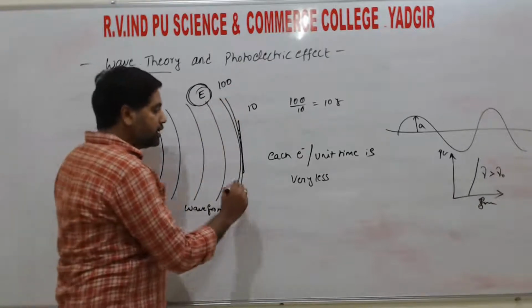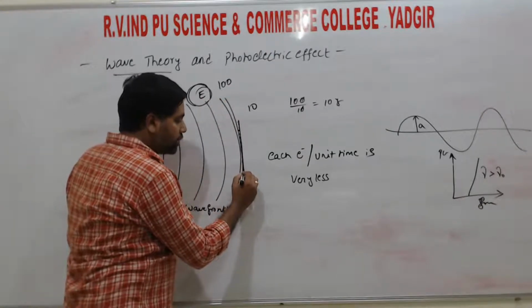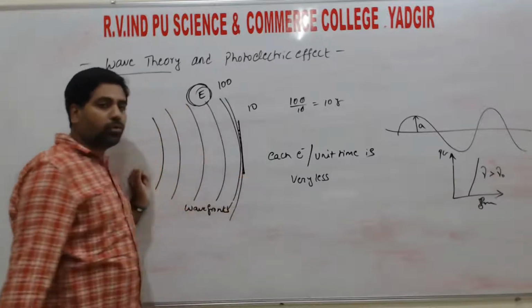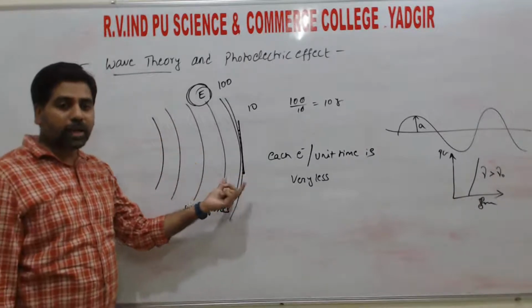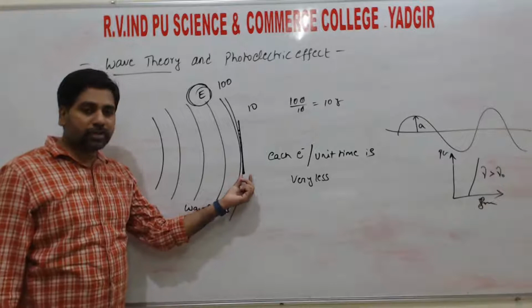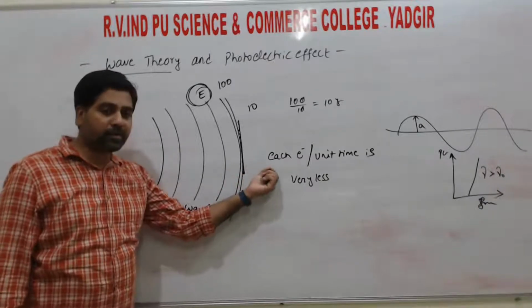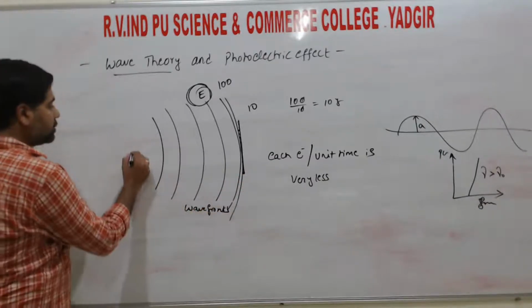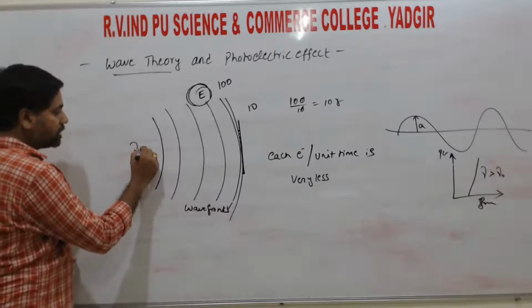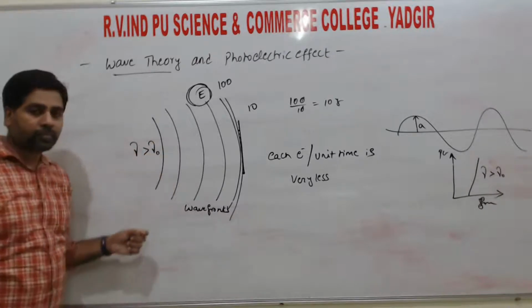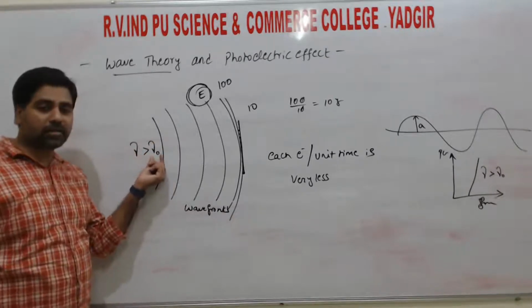So by this we can observe that for one single electron to gain the minimum energy, that is the work function, to come out from this metal surface, the energy has to be greater than the threshold frequency.